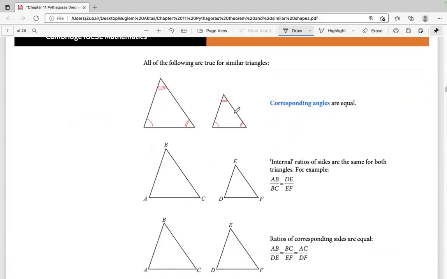So if we are to name them with the initials, we call this property AAA, triple A. That means angle, angle, and angle. These two definitely correspond to each other. The first angle on the left bottom with the first on the left. Second on the right bottom with the second on the right. Third on top with third on top.